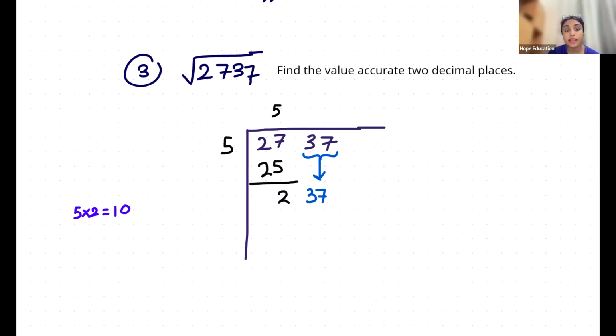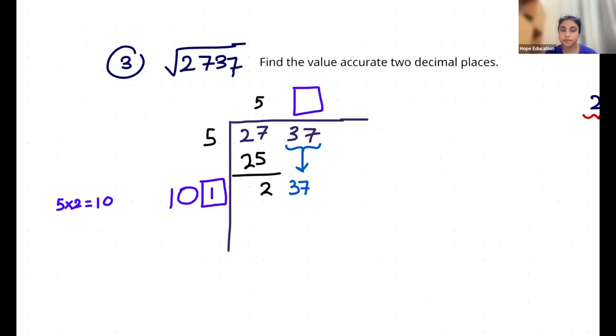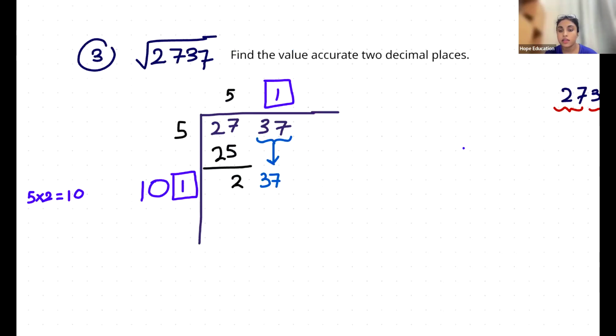Then I put that 10 here. And I need to put a certain number here, and that same number I should put here. We will see 1. 1 times 1. Let's see, 101 times 1 is 101.